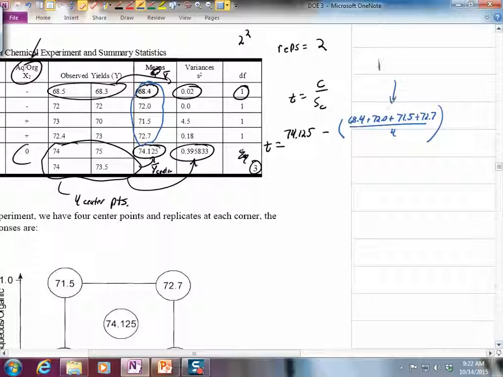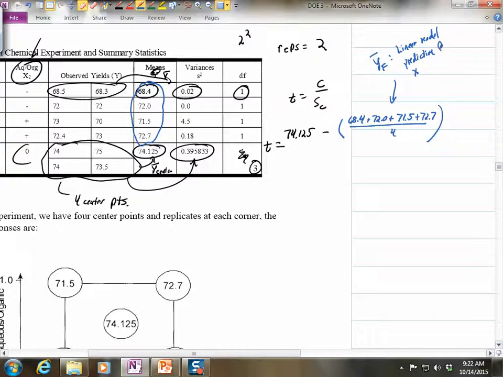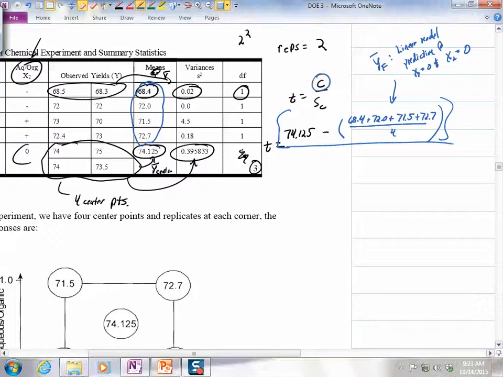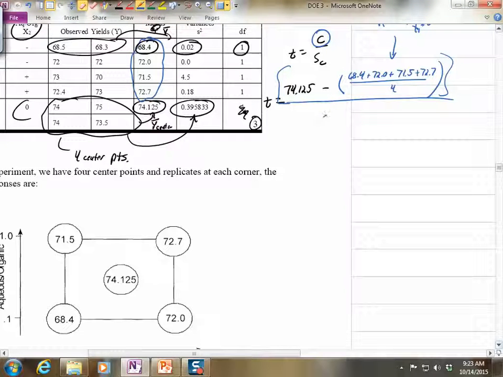So that's Y bar of the factorial points, and that's what our linear model would predict at the center. That difference we're calling C. It's the signal for curvature. And then we need to divide by the noise in this guy, which is the difference between 2 means.